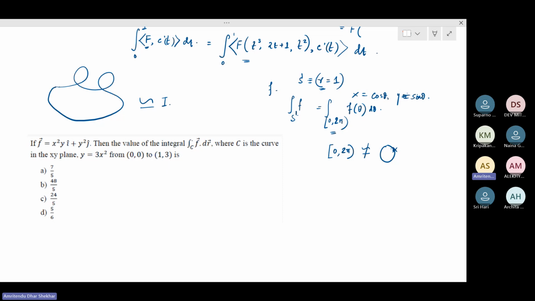So the circle is the interval with the endpoints identified.